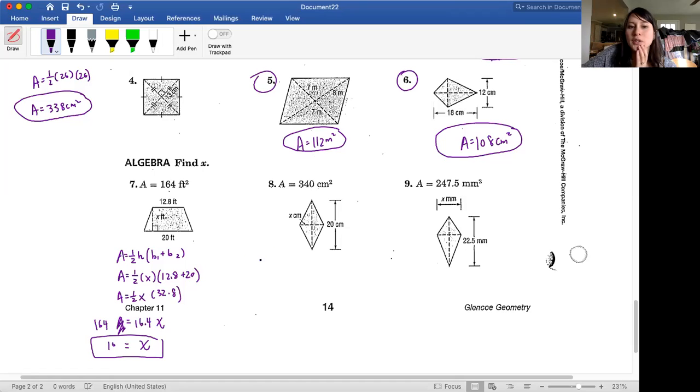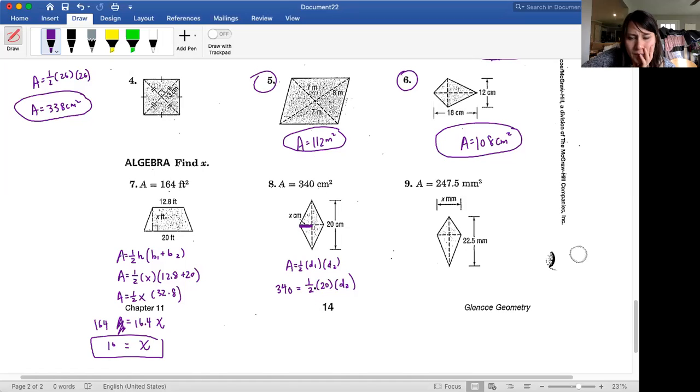Okay. For the kite or the rhombus, we say area equals 1/2 times diagonal 1 times diagonal 2. I'm going to plug in all the information I have. This time I'm not going to forget. The area is 340, 1/2 times diagonal 1, which is 20, and diagonal 2, I don't know what it is. It looks like this x is pointing to just half of it, but it's not very clear, so we might just calculate what half of it would be.